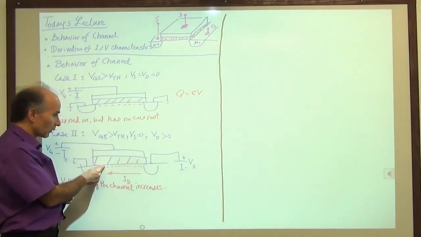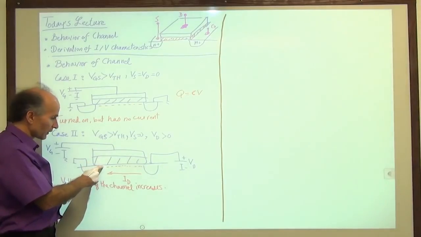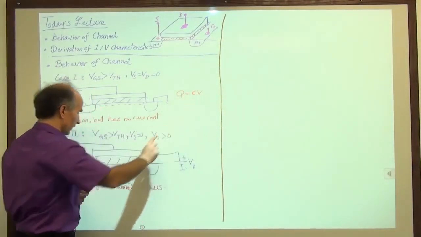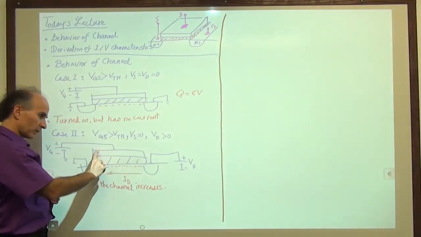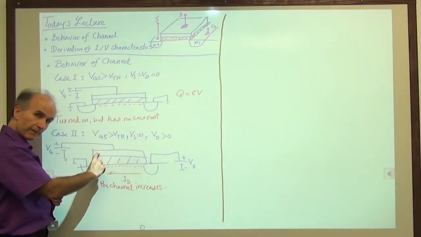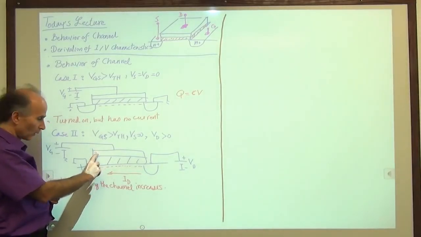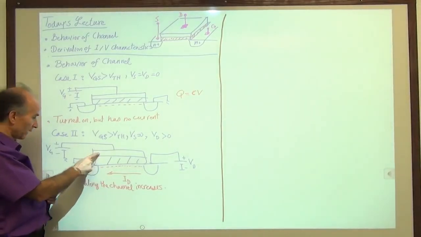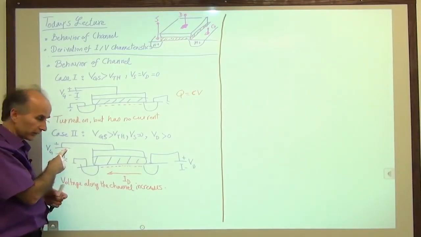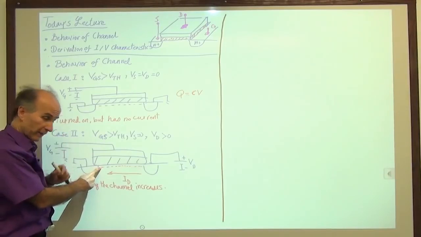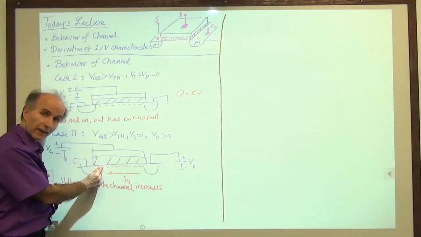Well, we know that the amount of charge that we would have here on a capacitor should be in proportion to the voltage that we have between this plate and this plate. So how much voltage difference do we have here? Well, this is 0, and that's the gate voltage, right? So if the gate voltage is 1 volt, we have 1 volt from here to here. Because we have 1 volt, we have a certain density of electrons at this point.